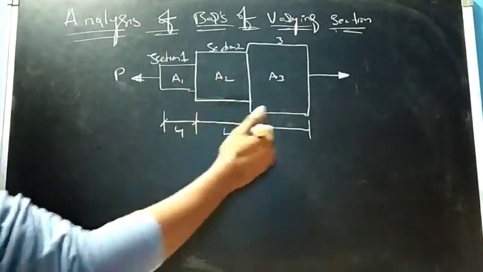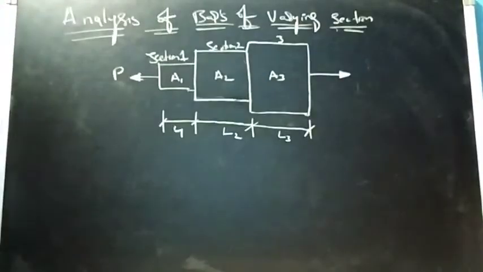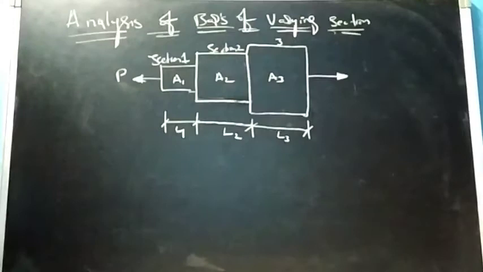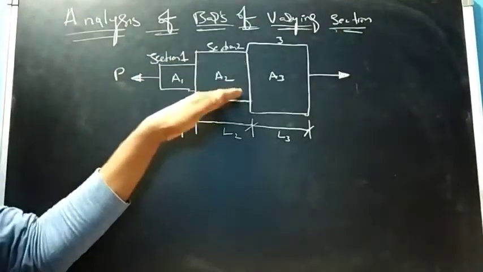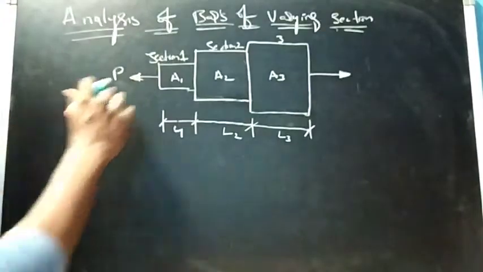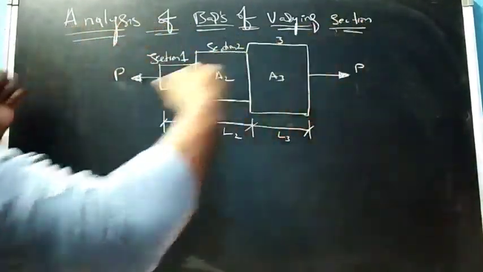For area 2 the length will be L2, and L3 for area 3 and section 3, right? So now we'll see each section has the same axial tensile load, that is P applying a tensile load.